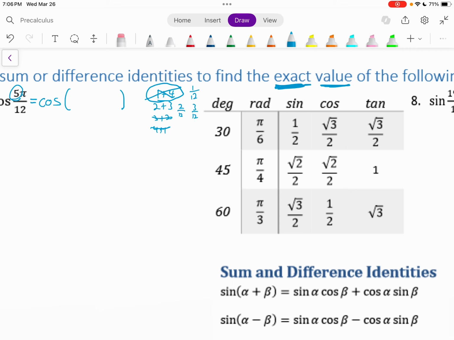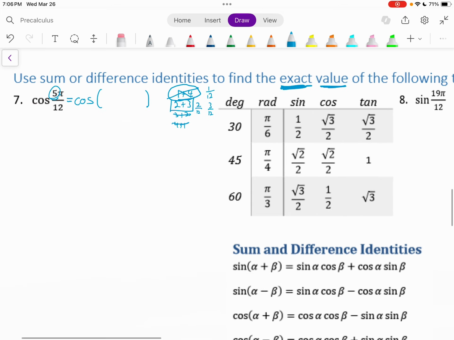Yes, they both reduce. And so we do want to use 2 and 3 because both 2 and 3 reduce with 12. And so we're going to write 5 pi over 12 as, using those two numbers, 2 pi over 12 plus 3 pi over 12.